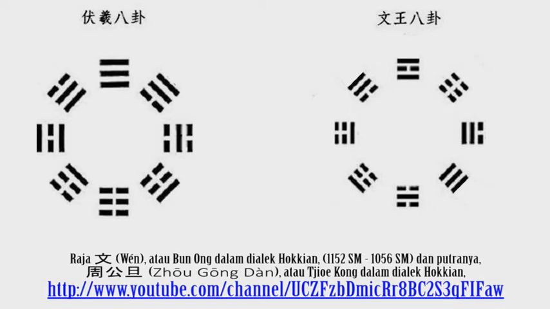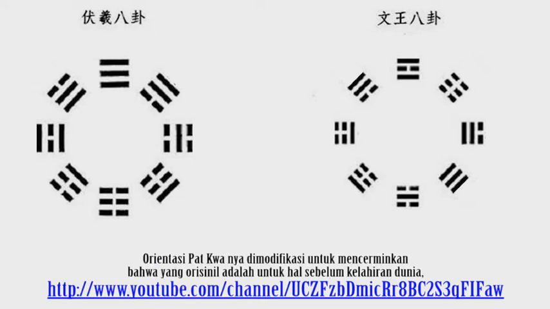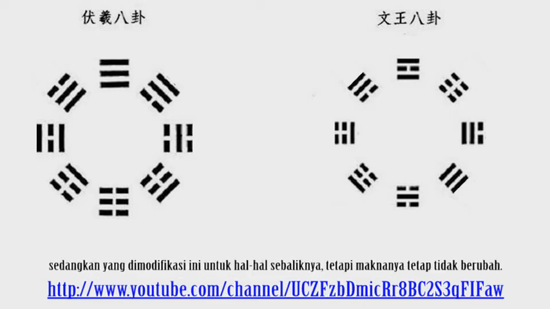King Wen 1152 BC to 1056 BC, and his son 周公旦 of Zhou dynasty 12th century BC to 256 BC, wrote 易经, mainly containing the 64 卦. The orientation of 八卦 was modified to reflect that the original one was for the scene before the world was born, while the modified one was for the opposite, but their meaning remained unchanged.